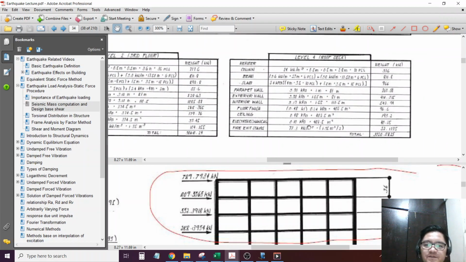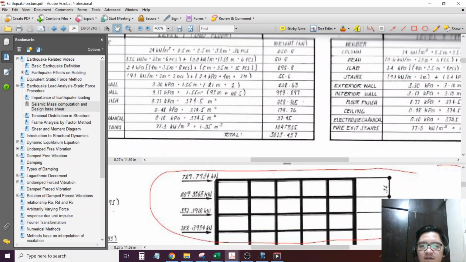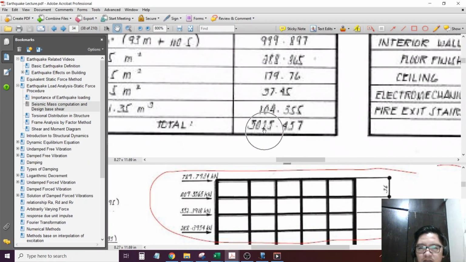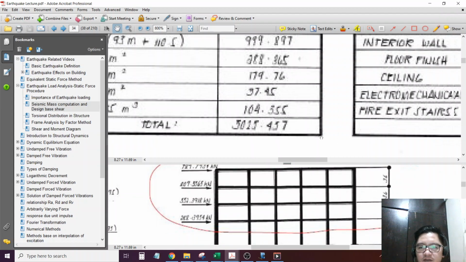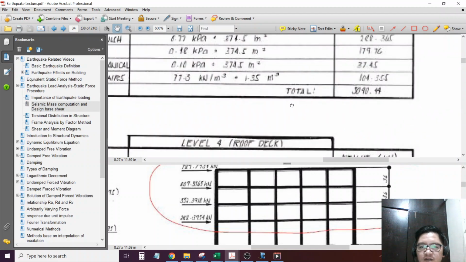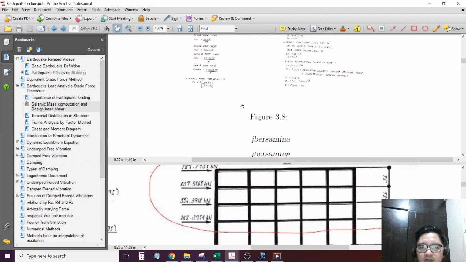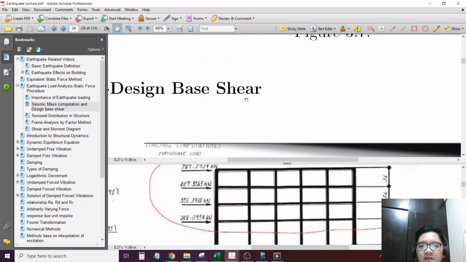Okay? So, in short, sa level 1 or the second floor, 3,025.457 yung weight dito. Okay, so level 2, 3,040, so on so forth. So, after that, where's the application of this?